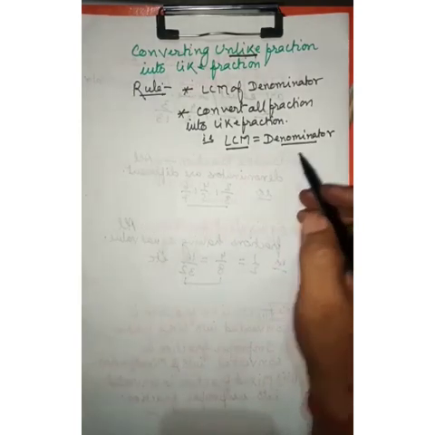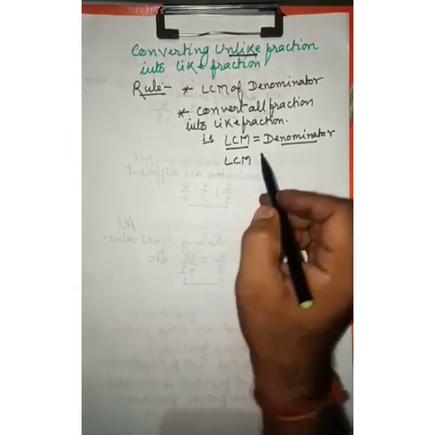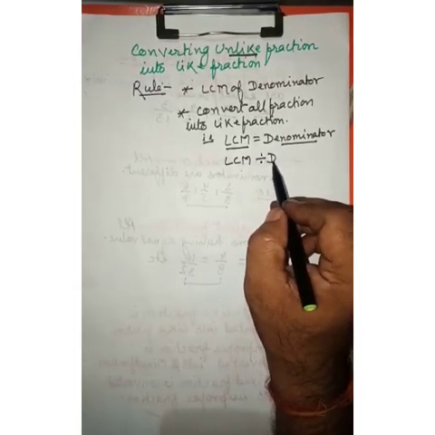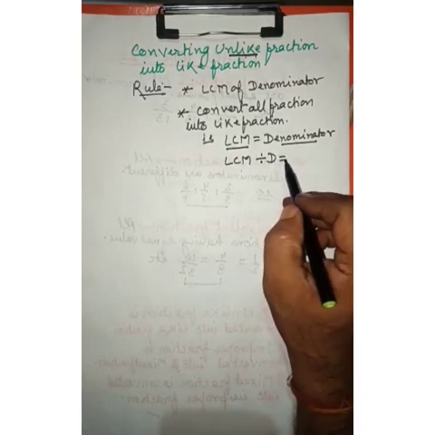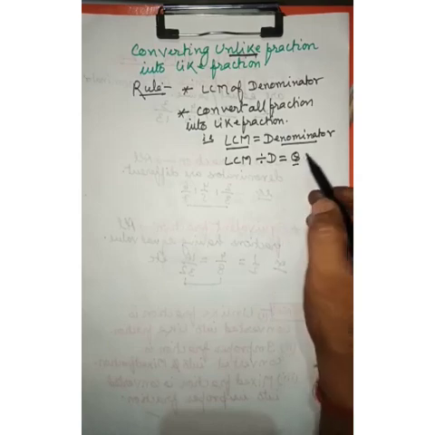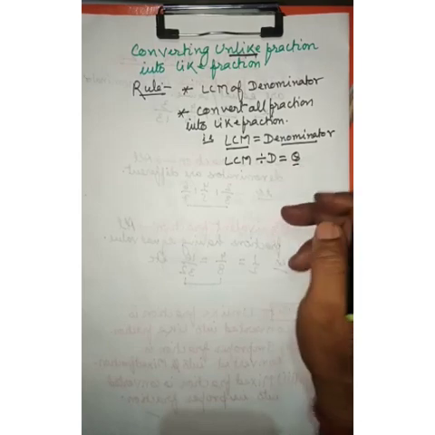For this, we divide the LCM by the denominator, and you will get a quotient Q. With this quotient we will multiply the numerator and denominator.